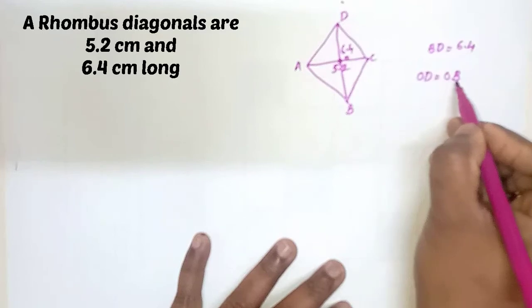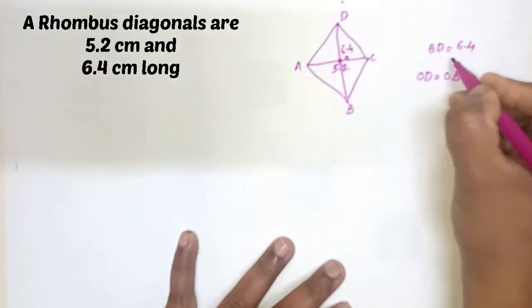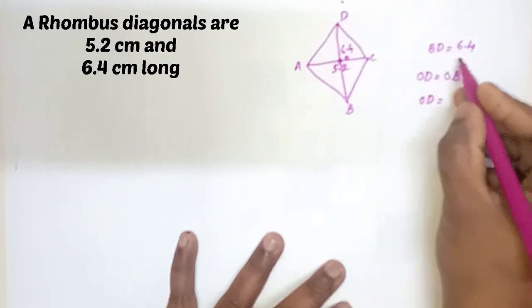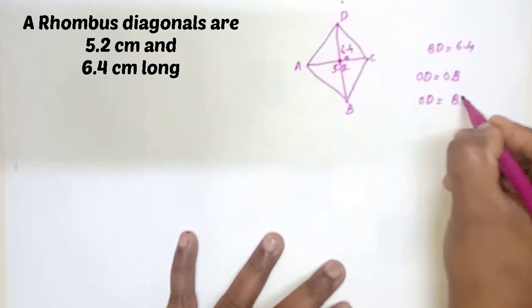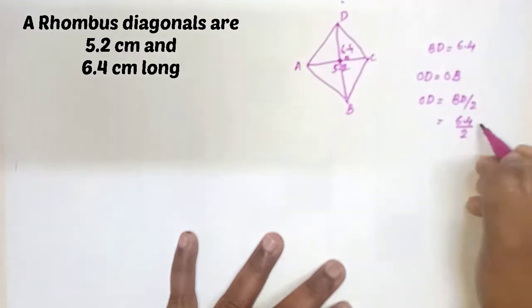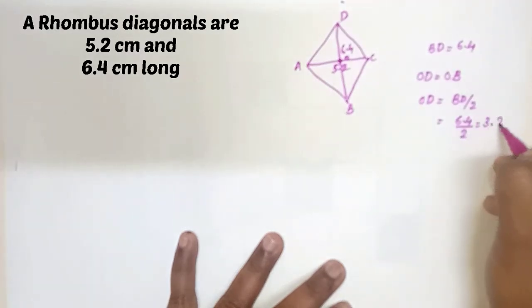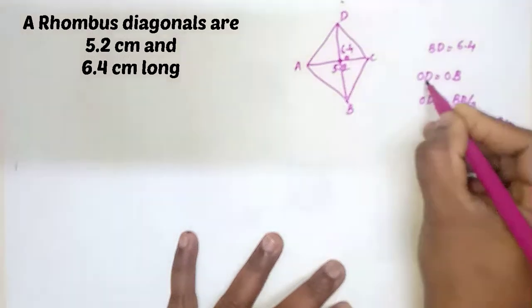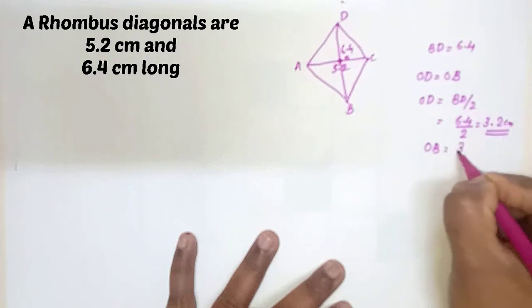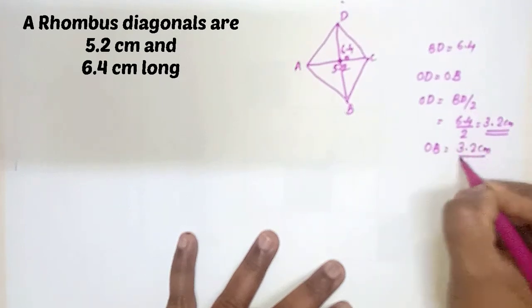OD is equal to OB, so how can we find OD? OD is equal to half of BD, BD divided by 2. That means 6.4 divided by 2, that is 3.2 centimeter. OD is equal to OB, so OB is also 3.2 centimeter.